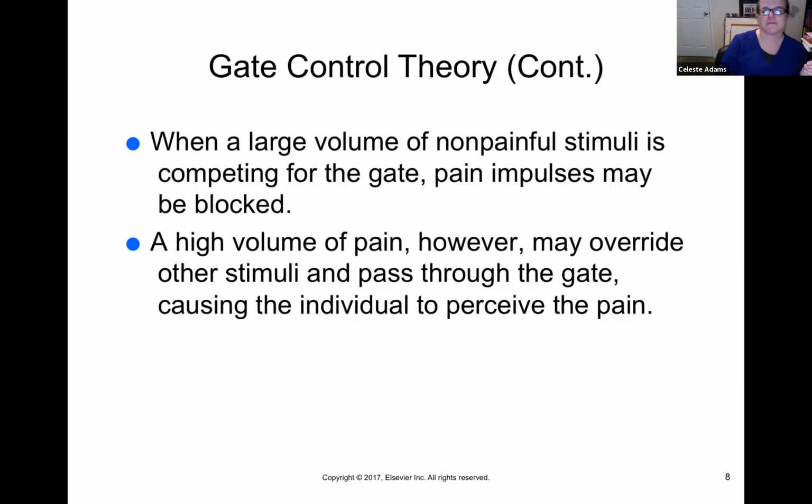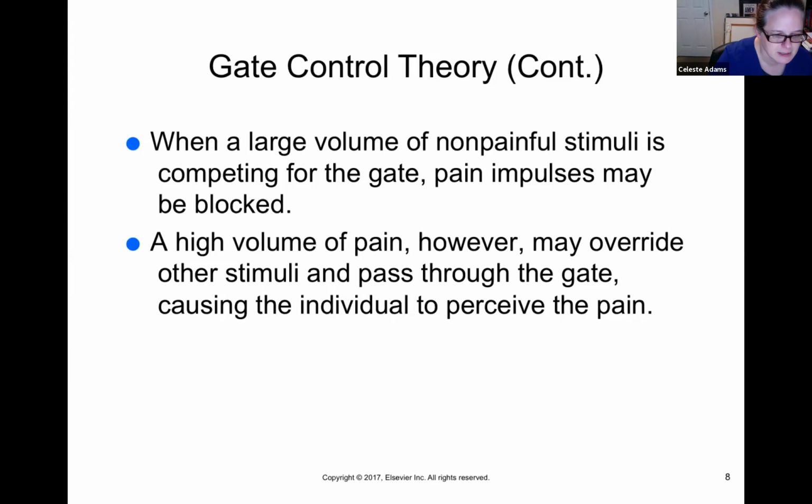If you have that non-painful stimuli, that itching, that nausea, that numbness, okay, if you have a large amount of those non-painful stimuli, they're going to get through the gate before pain does if their volume is large enough, okay? And it's going to block the patient from perceiving that pain, okay?